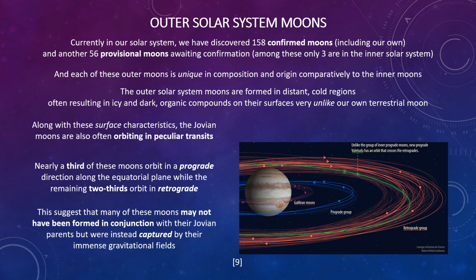So this suggests that they may have been captured instead of forming with the planet. But there is one moon out in the retrograde group, Valdudo, that actually orbits in prograde, despite being out in the retrograde group. So maybe that one formed with Jupiter instead of being captured.